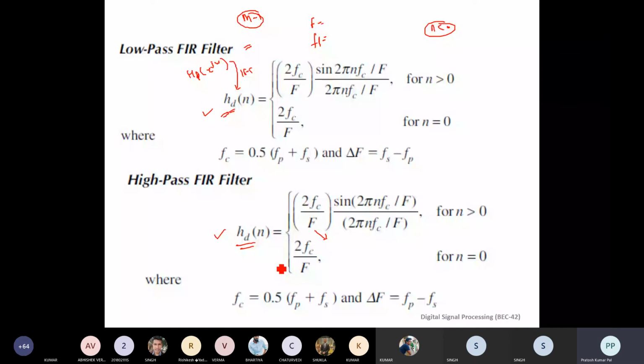Generally we consider fc to be fp, but in this case the fc value will be the average of these two, fp and fs. So we will find this fc value as the average of fp and fs.